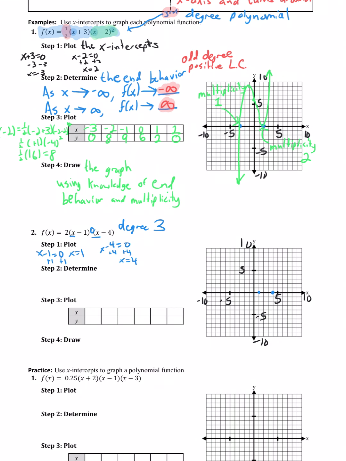And then we can determine the end behavior again. As x goes to the left, as x goes to the right. Always write it as x goes to the left, x goes to the right. What's f of x doing?